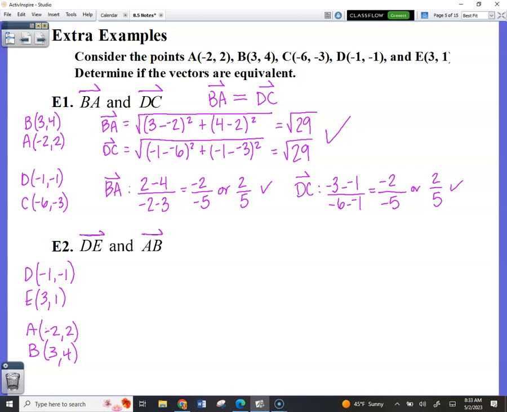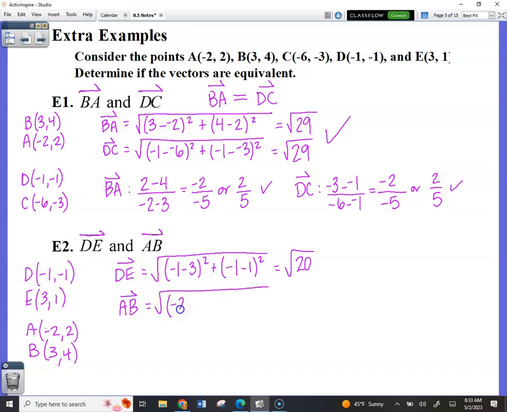Okay, so if I check the distance formula, take the x's, take the y's, plug it in, you get the square root of 20. And then when I check AB, x's and the y's, you get the square root of 29.